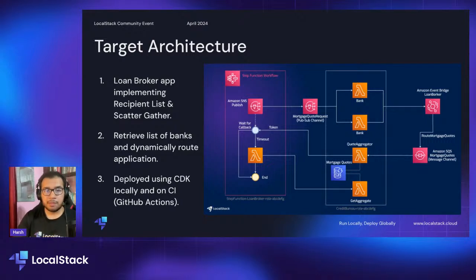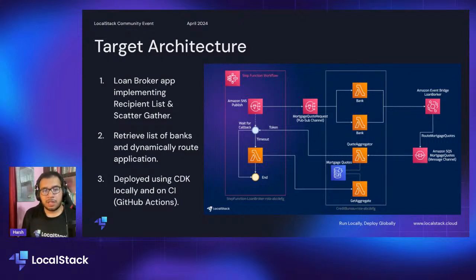We take up the same sample and use a bunch of different AWS services. We have Lambda, EventBridge, and a Step Functions state machine. That allows us to send in a loan application, which in turn will retrieve the list of banks and dynamically route the whole thing.